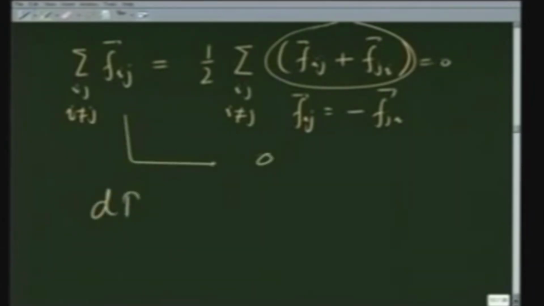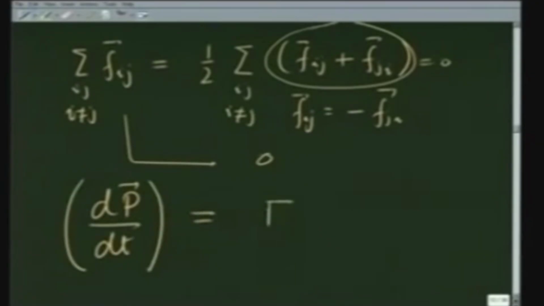So this term adds up to 0, and therefore what we learn is dP/dt for a many particle system is also equal to F external only, where F external is the total force. It is the sum of individual forces applied on each particle.